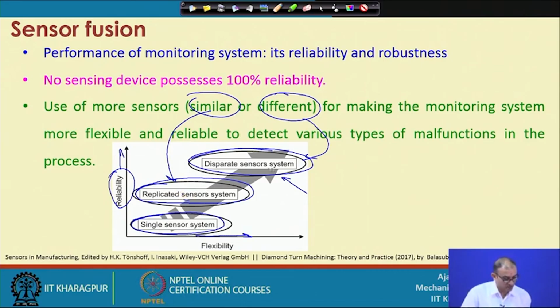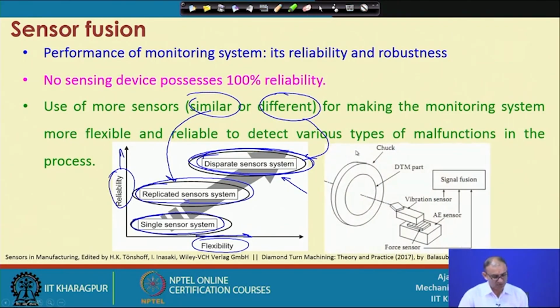But if you use different sensors working on different principles and they are all measuring the same quantity, then you have a large amount of data, and you can see whether the parameter you are measuring is showing the correct trend or not, and it also increases the flexibility. So, that is the advantage of going with the disparate sensor system.